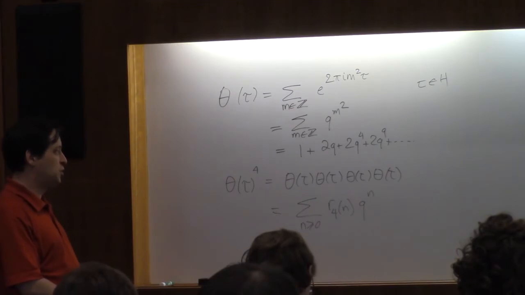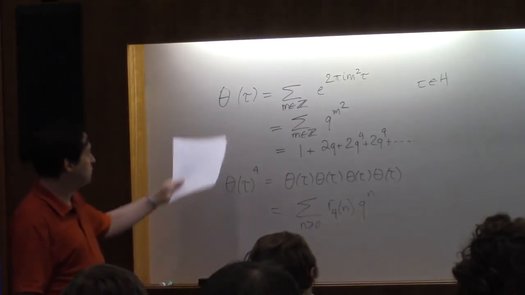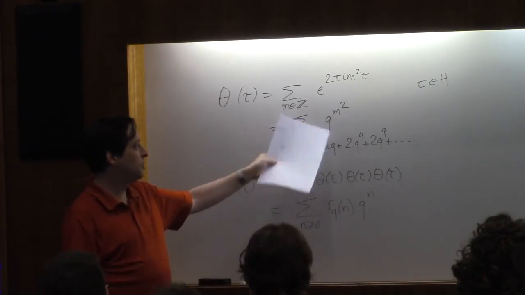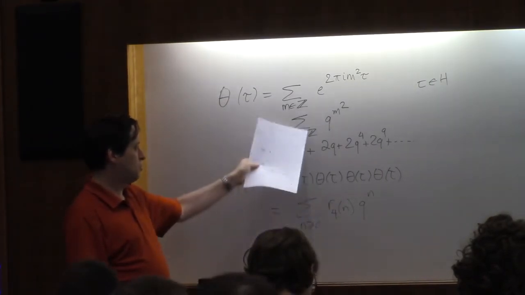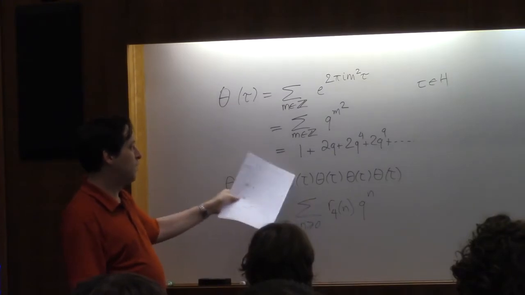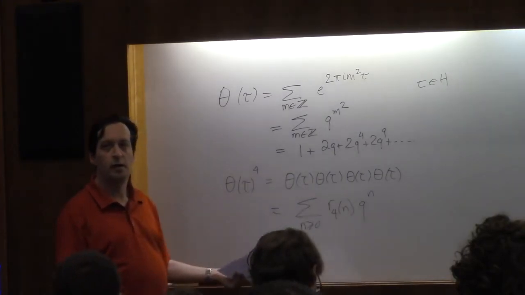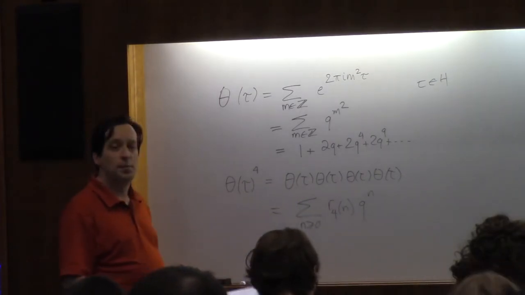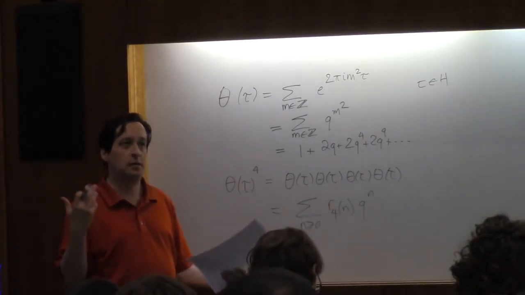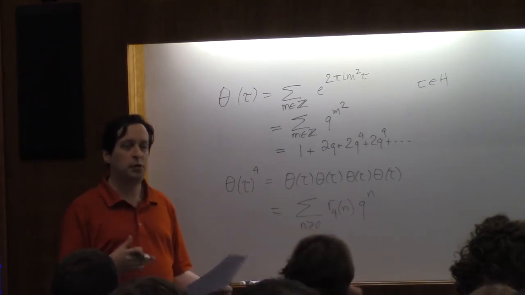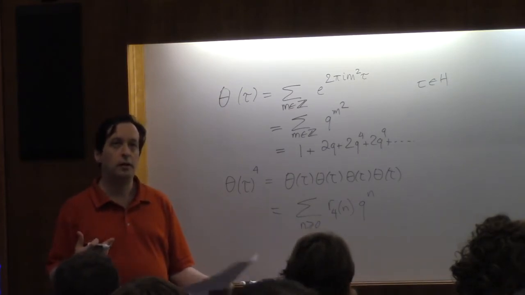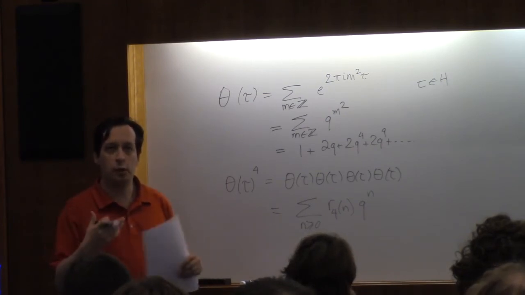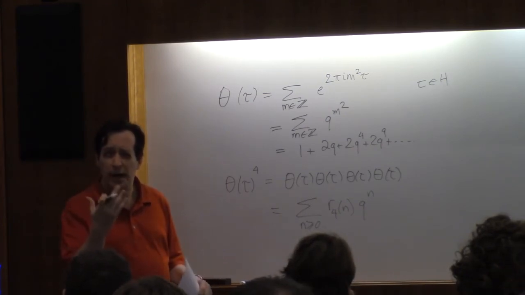And it's not clear at this point why I want to think about it as a function of a complex variable. Why don't I just take the formal power series in an indeterminate q, and then just take the 4th power? Why do I need to pull it back to think about it as a function on the upper half plane? So maybe Jacobi was just working directly with these things. The point is, you can't tell that something is a modular form just because it's a power series. A q-expansion encodes the tau to tau plus 1, but the tau to minus 1 over tau stuff is very hard to see in the power series.